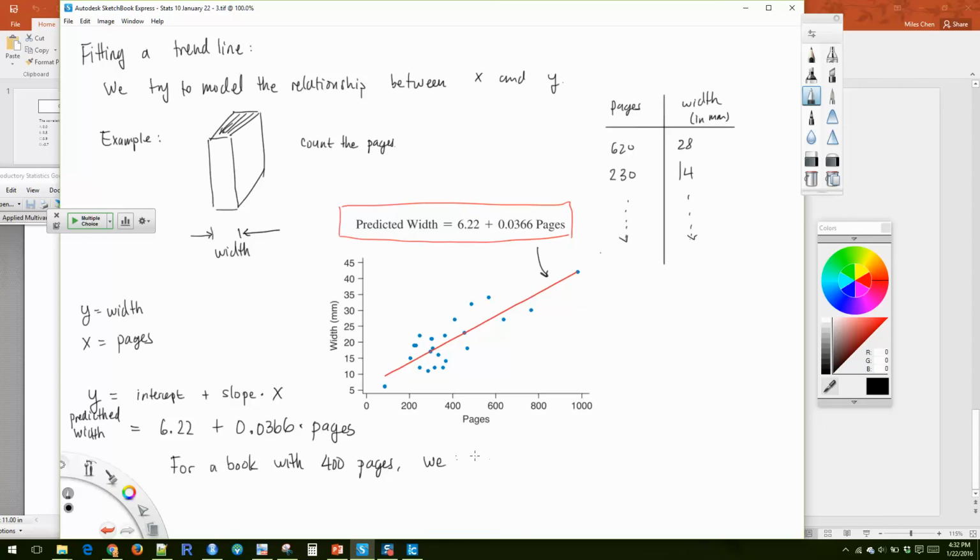We predict the width, so our predicted width would be 6.22 plus 0.0366 times the number of pages, which in our example is 400 pages.